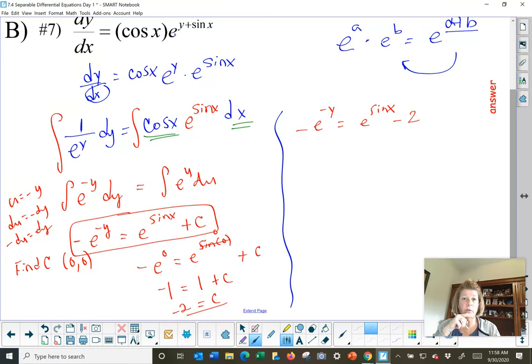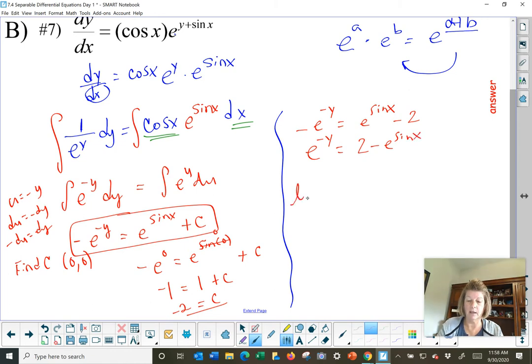Now, in order to solve for y, I need to be able to bring the y variable down. Let's multiply both sides by a negative. Just keep cleaning it up a little bit at a time. That'll make a positive 2 and a negative e to the sine x.